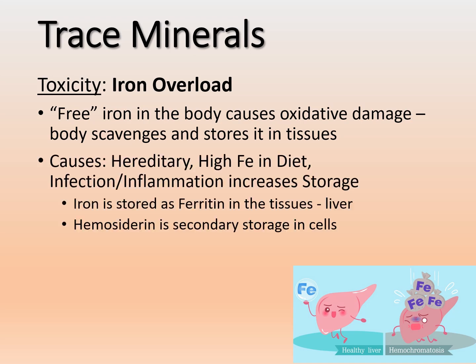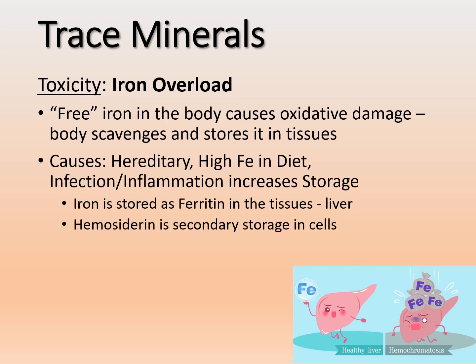So we actually have these scavengers that go around the body and pick up the free iron and bring it to the cells, bring it to the liver for storage so that it's no longer free and causing damage. There are some causes though of this iron overload, too much iron.